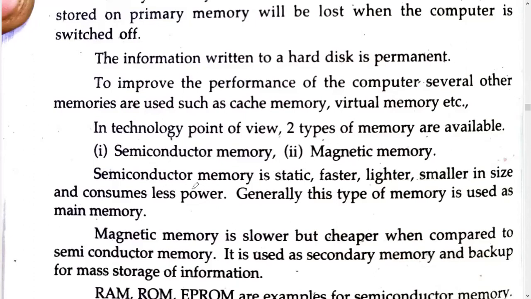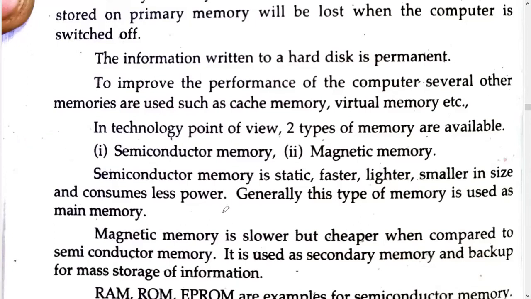The semiconductor memory is static, faster, lighter, smaller in size, and consumes less power. Generally, this type of memory is used as main memory, meaning the RAM. If you look, there is a plate-like device in the CPU or the laptop.